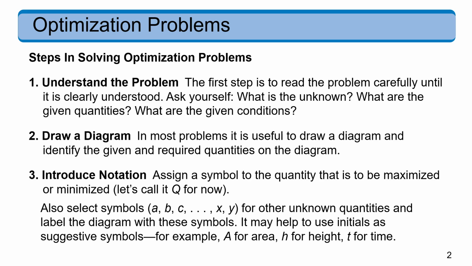If you're maximizing profit, you might use the letter P for profit. Or if you're minimizing cost, you might use C. For now, in our steps here, we'll just call it Q for quantity. There might be other unknowns that you'll also need to name with various variable names. All of these can be labeled on your diagram with the names you've given for those particular pieces.